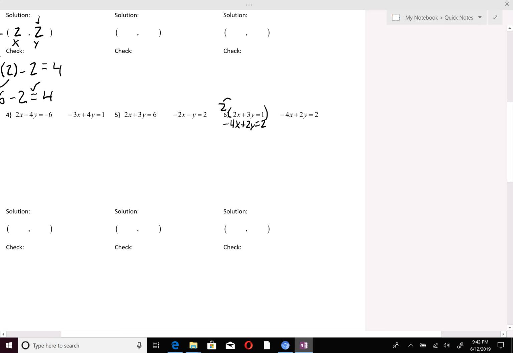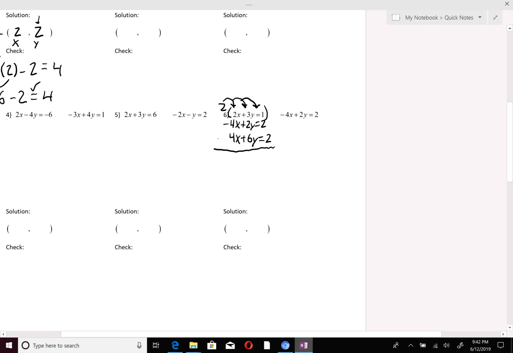So if I multiply my 2x by 2, I'll get a positive 4x, which will fit my criteria. But since I multiplied that 2x by 2, I have to do it to everything within the equation. So I get 2 times 3y is a positive 6y, and 2 times 1 is a positive 2.